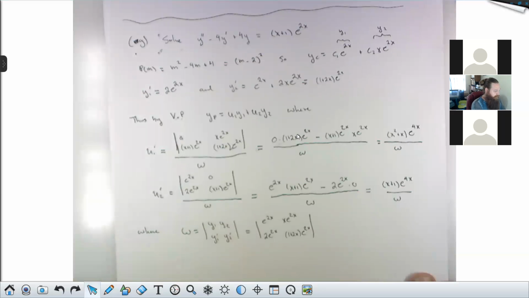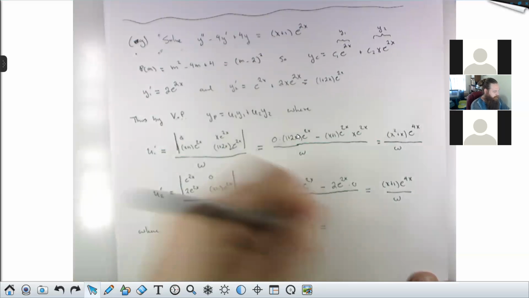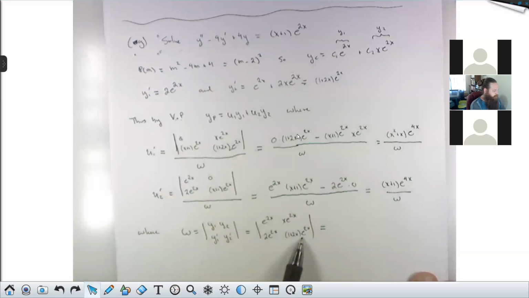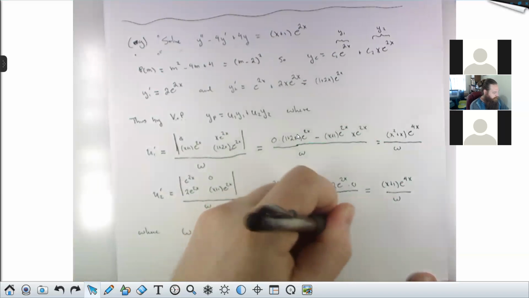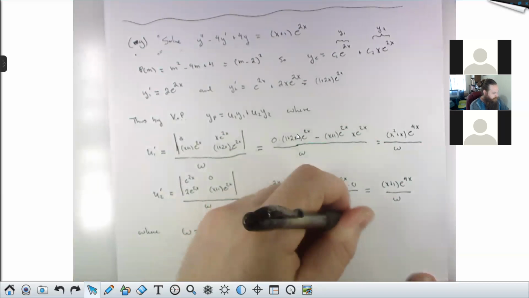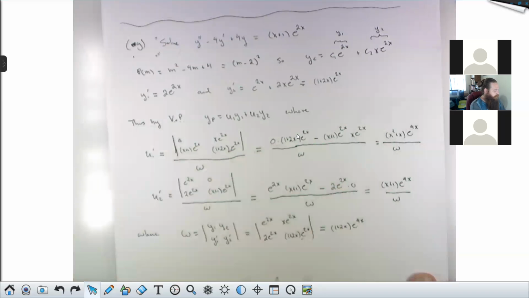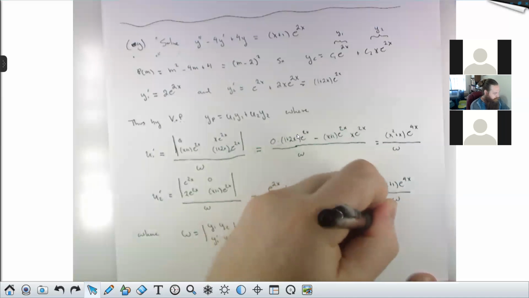And if you calculate this guy, you get this times this, which is e to the 4x with a 1 plus 2x up front, minus this times this, which is 2x e to the 4x.